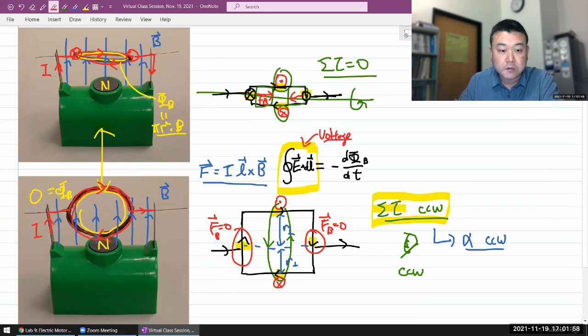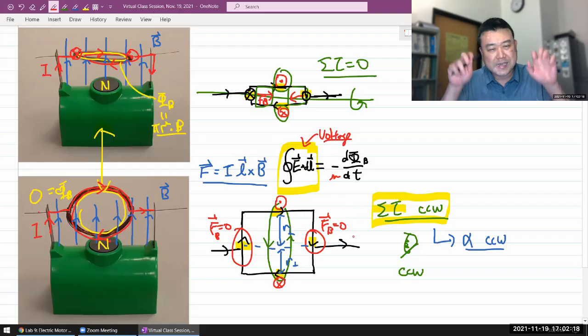So this rotation of the loop itself induces a voltage in this coil of wire. And this voltage is always induced in such a way that it opposes this change in magnetic flux. So this is what your textbook calls back EMF.